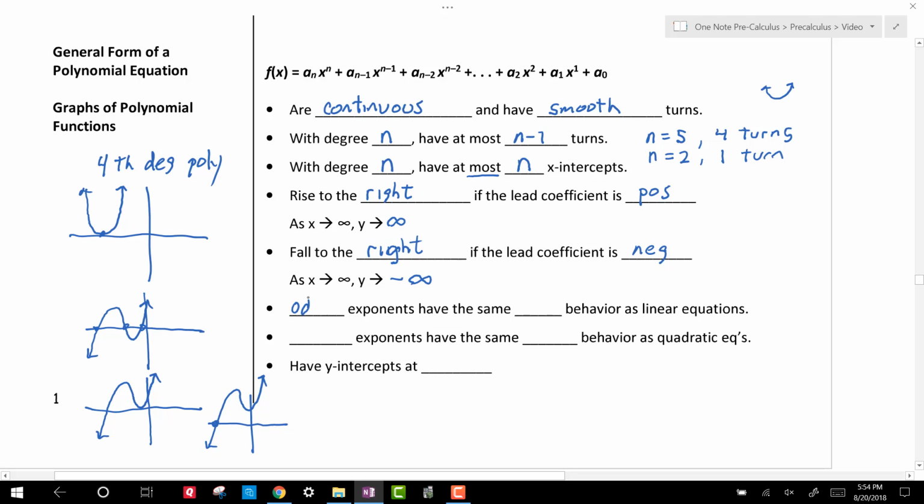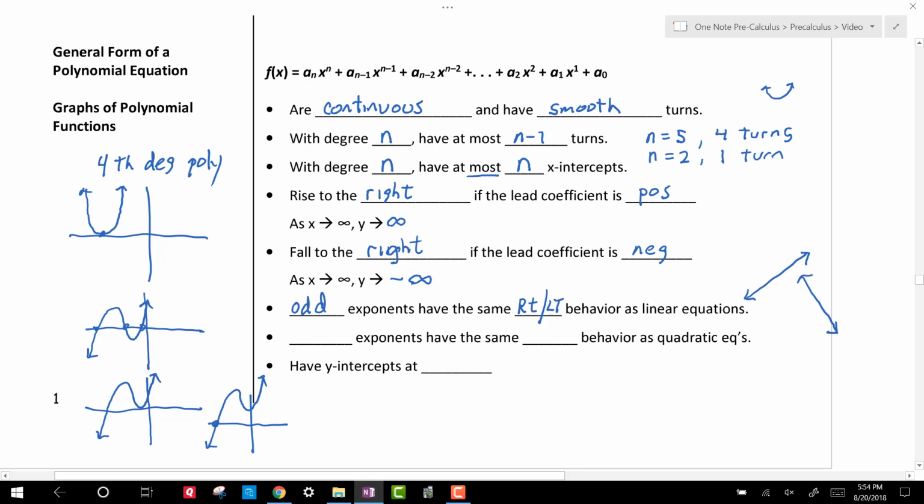Polynomials with odd exponents, so we're talking exponents of 1, 3, 5, 7, have the same behavior as linear equations. When we talk about the same behavior, we're talking about the same right and left behavior as linear equations. A linear equation either goes up one side and down the other, or if it has a negative slope, it goes down one side and up the other.